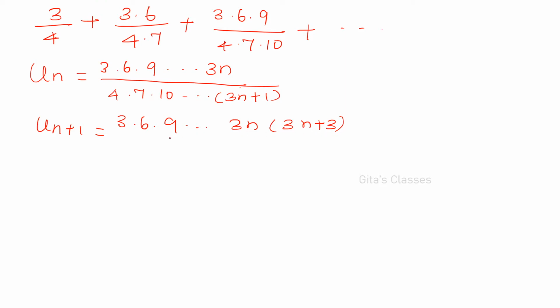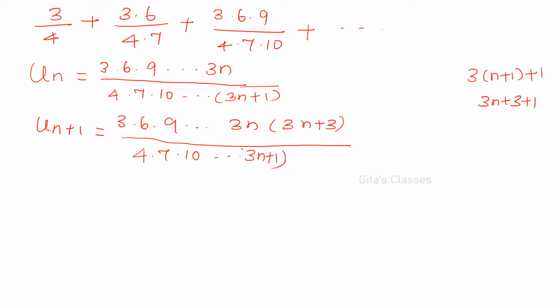Therefore, it is 3n plus 3 divided by 4 into 7 into 10 into etc. 3n plus 1. So 3 into n plus 1 plus 1, so 3n plus 3 plus 1. So 3n plus 4. So 3n plus 1 up to here into one more term is 3n plus 4. Understood? Replace n by n plus 1. That term will be added here.